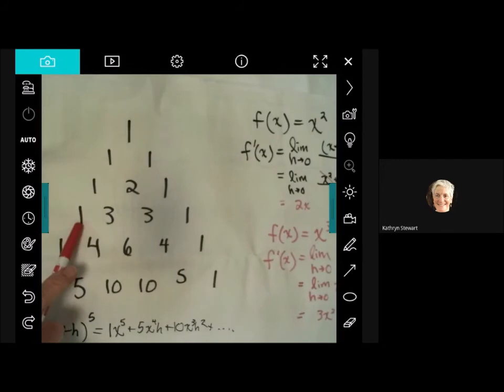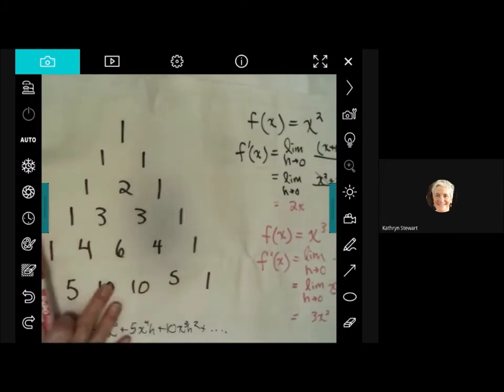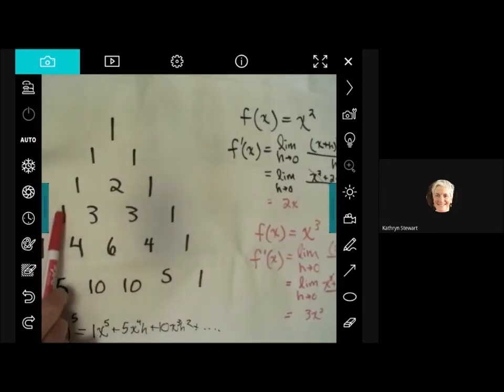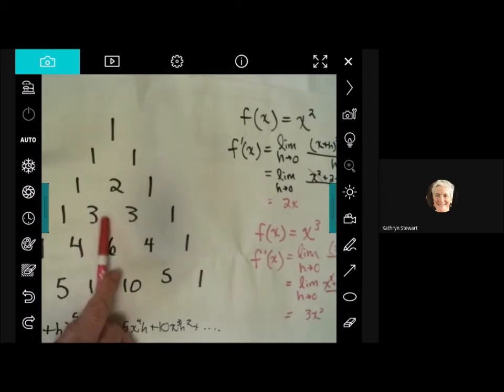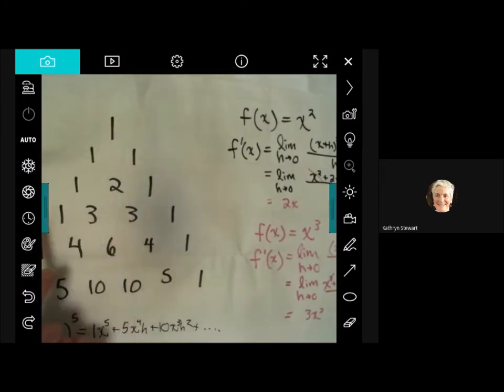The first term is being subtracted away. The second term will always have a coefficient of, in this case, 3, your degree, and your exponent will be 1 degree less. So x to the third, the derivative is going to become 3x squared.